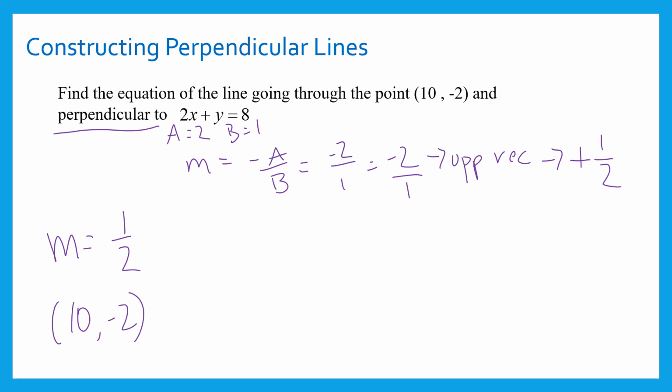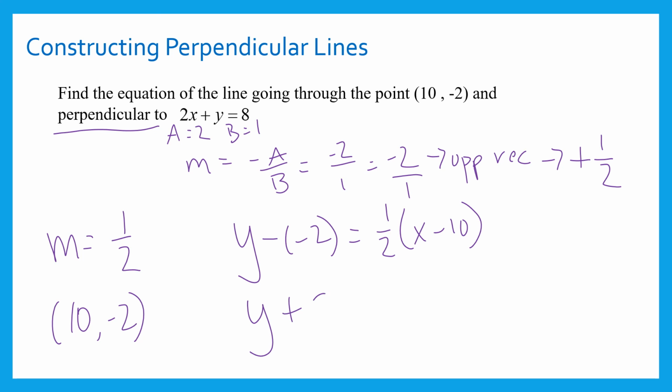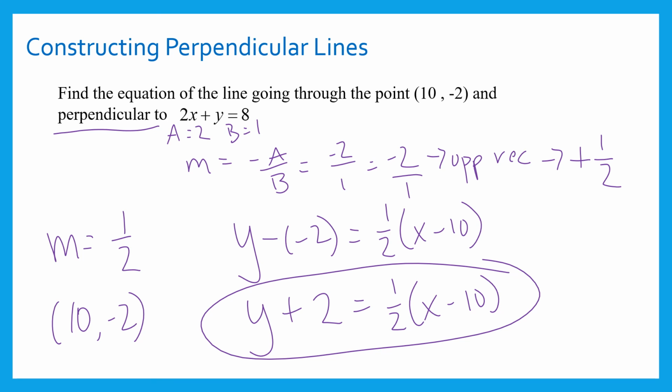So again, because I have a point and the slope, I'm going to use point slope form. So y minus -2 equals 1/2 times x minus 10. And I'm going to simplify, so I get y plus 2 equals 1/2 times x minus 10. And that is the equation of my line.